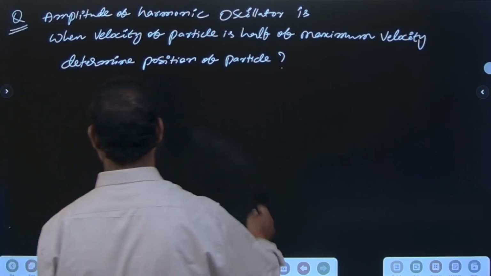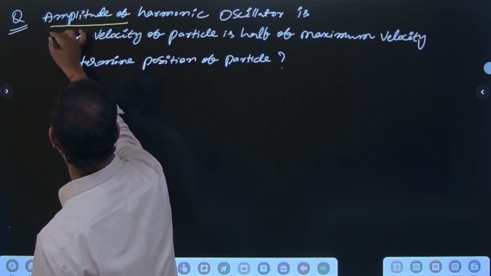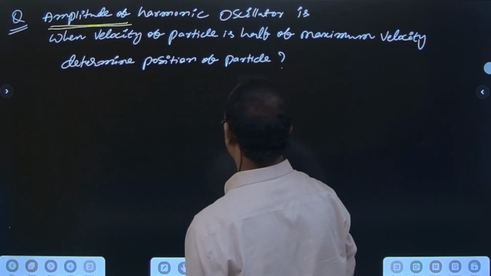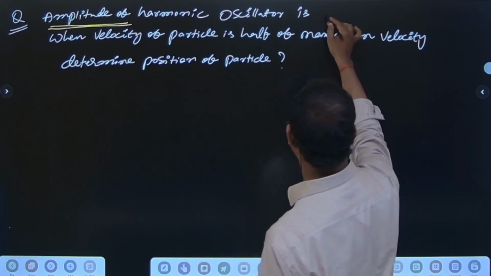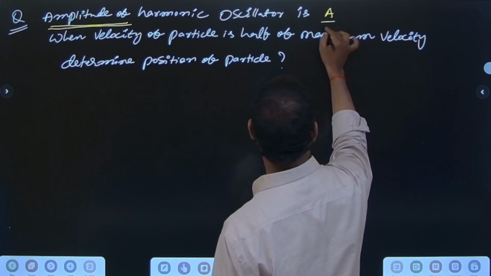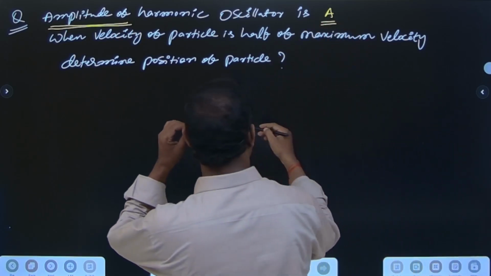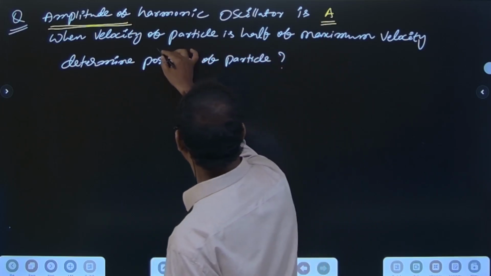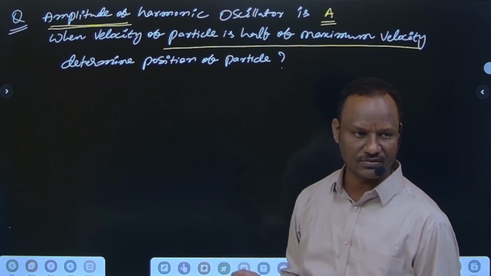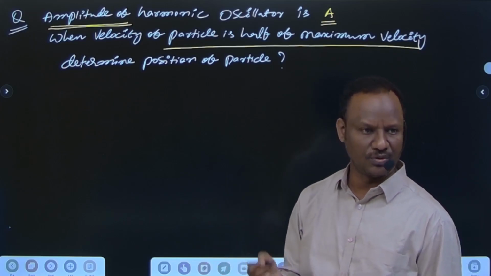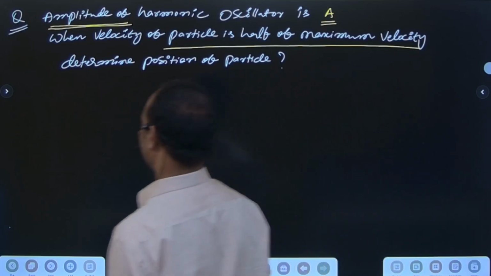Check the question now. The amplitude of the harmonic oscillator is given, let it be A. When the velocity of the particle is half of the maximum velocity, what is the maximum velocity? A omega, so the velocity is A omega by 2. Determine the position of the particle.